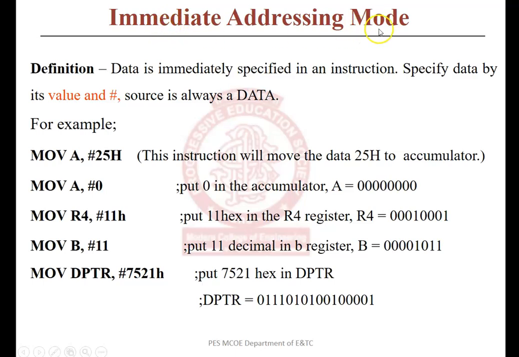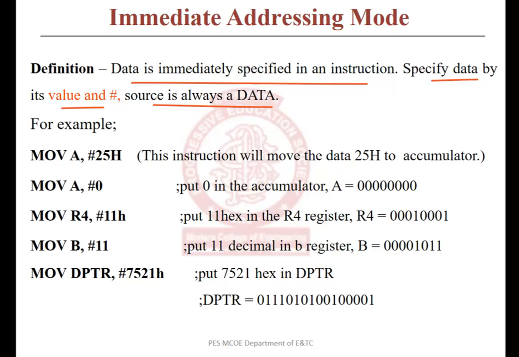First one is immediate addressing mode. The definition for this one is: if data is immediately specified in an instruction, then it is called immediate addressing mode. You can specify the data by its value and hash symbol. Source is always a data. So this hash symbol is very important.